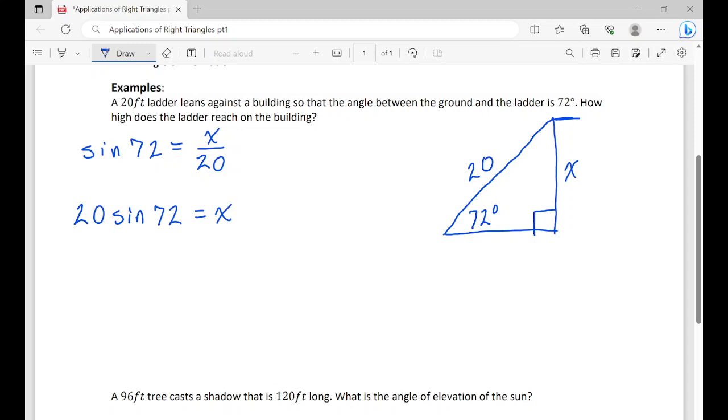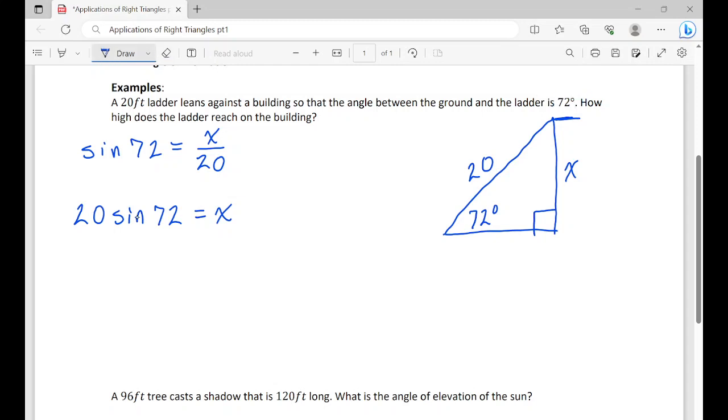Now what is sine of 72? Haven't a clue, but your calculator does know it. When you plug it into your calculator, be very mindful that this is 72 degrees. Make sure your calculator is in degree mode, not radian mode. If it's in the wrong mode, you're going to get a bad answer, so be doubly sure.